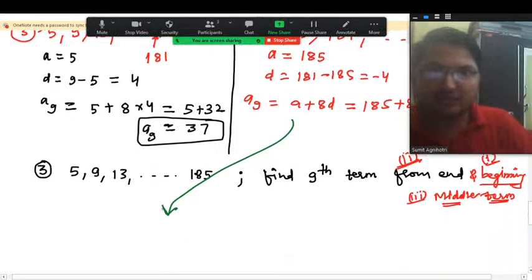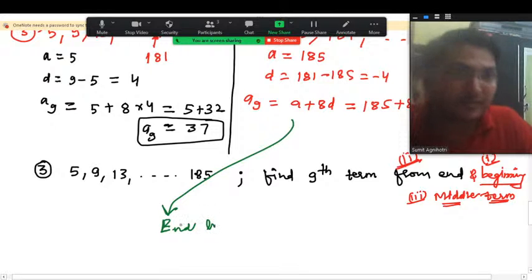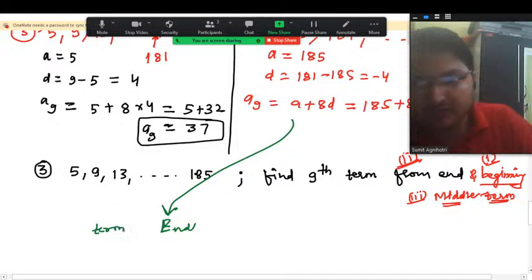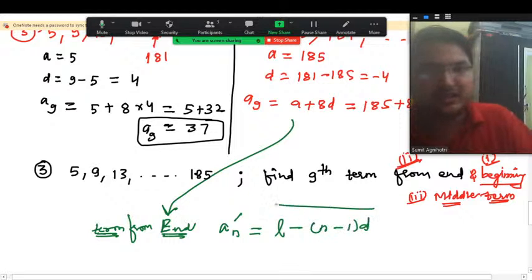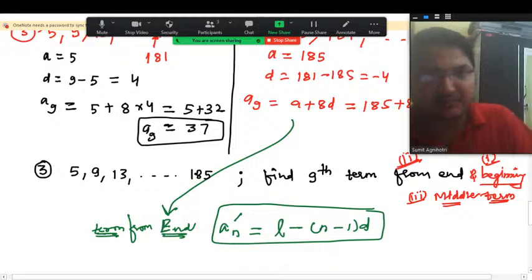And what is the formula method? The formula to find nth term from end of an AP. I'm writing term from end. If we want the nth term from end, we use a n dash is equal to L minus (n minus 1) into d. Remember, here L means last term.